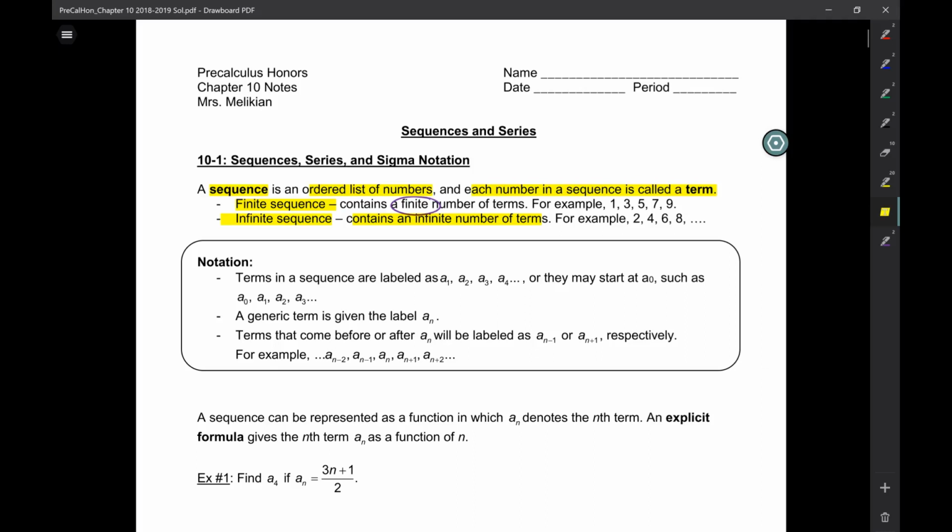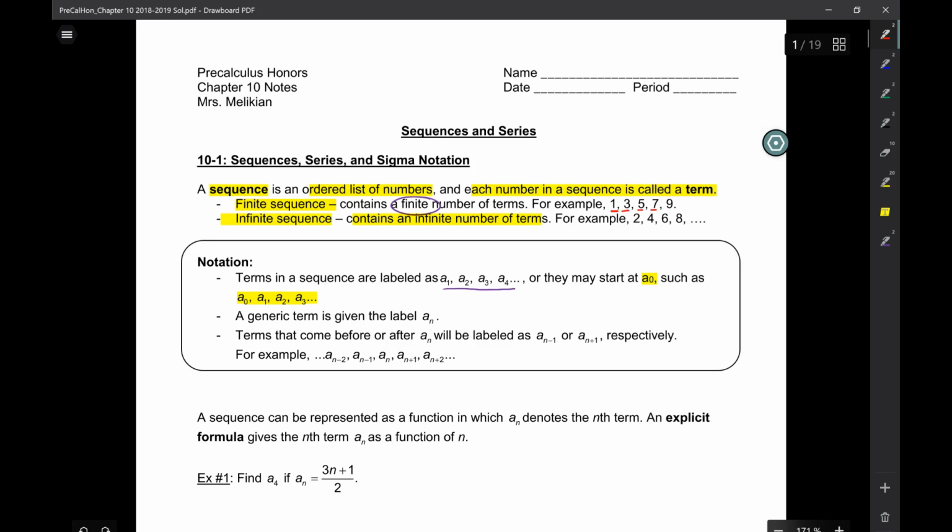All right, so let's talk a little bit about notation. Each term in a sequence can be labeled as A1, A2, A3, A4, and so on. Or it may start at A0, such that it's A0, A1, A2, A3. So if you go up here to this sequence, like 1, 3, 5, 7, 9, I could call this A1, A2, A3, A4.